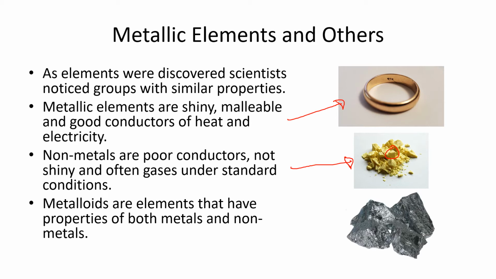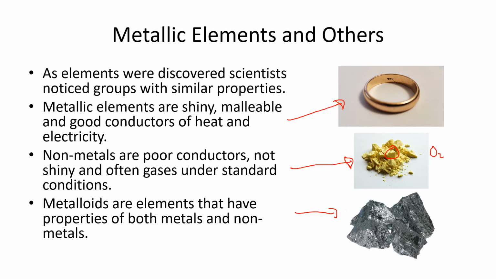And there are lots of other elements that are nonmetals as well that aren't even solids under normal conditions. So if you think of things like oxygen, that would definitely not be a metal because it's a gas, and of course it's not going to have any of those other properties. And in between, we have a few substances that have properties of both.